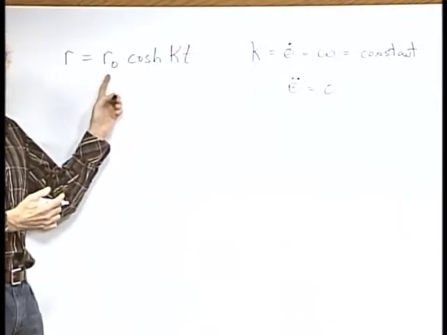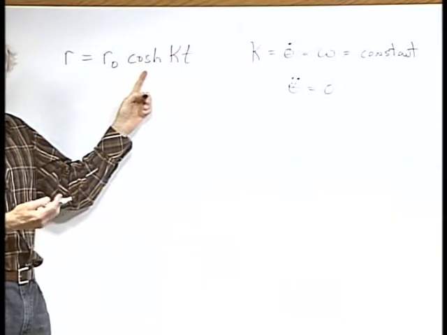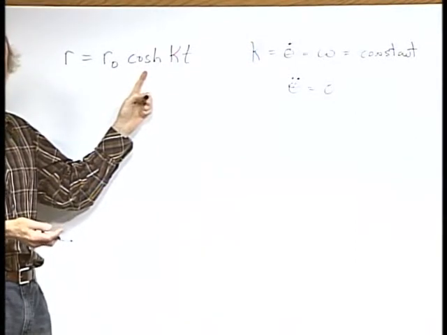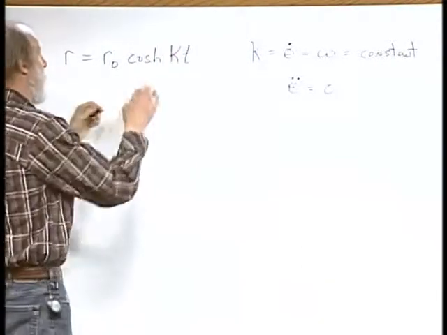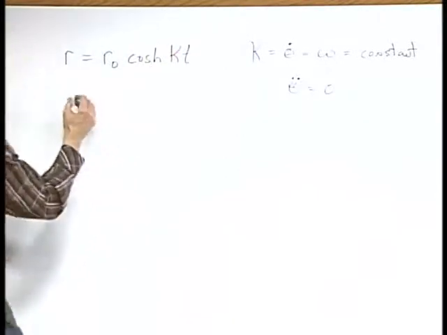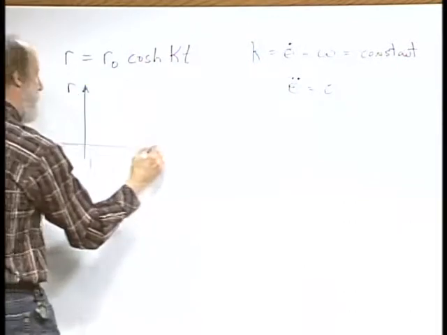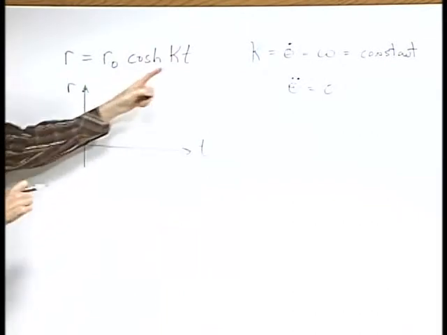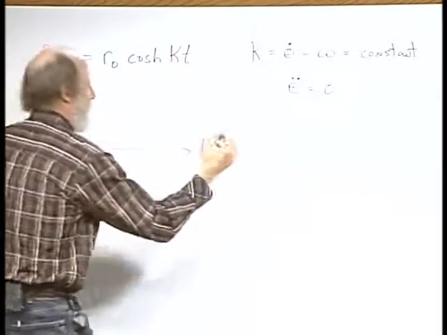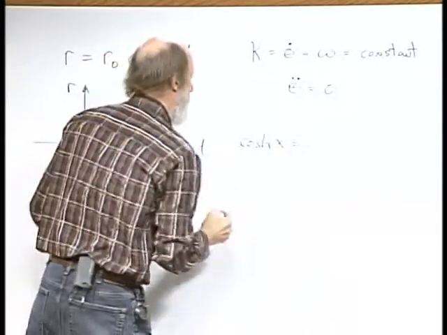Okay. Now, this is the reason I picked this problem: it's a little review of hyperbolic functions. Hyperbolic functions are really what kind of functions? Exponential. They're exponential functions. And what this function graphs as a function of time, at t equals 0, let's see if we can remember what the cosh definition is.